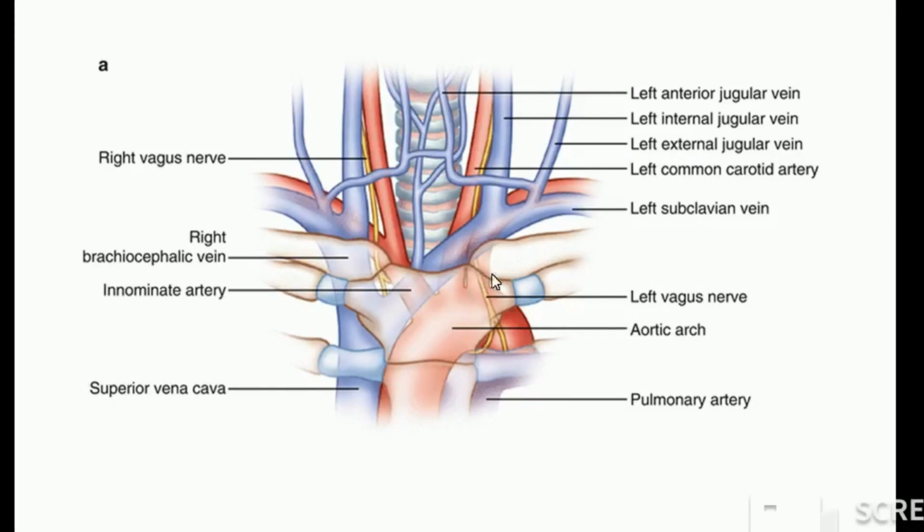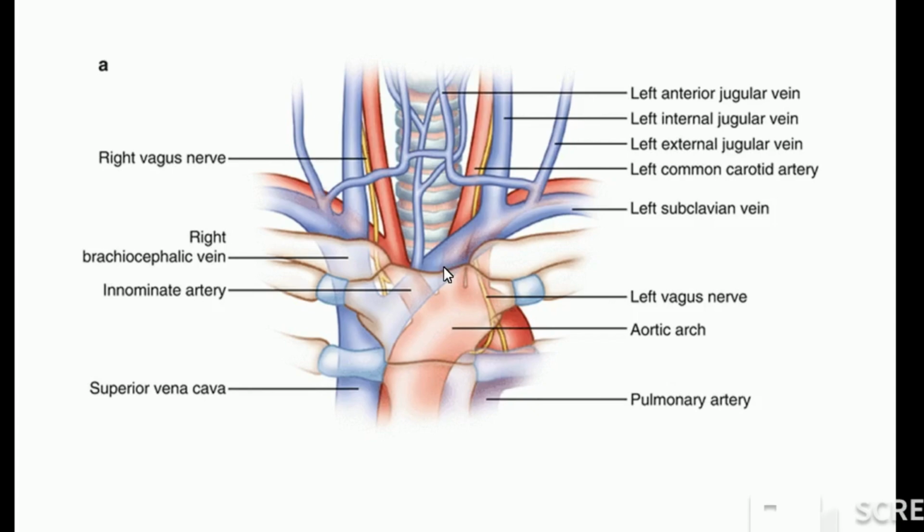So we have the sternum over here, we have the clavicle over here. They will ascend posterior to the sternoclavicular joint to enter the neck.